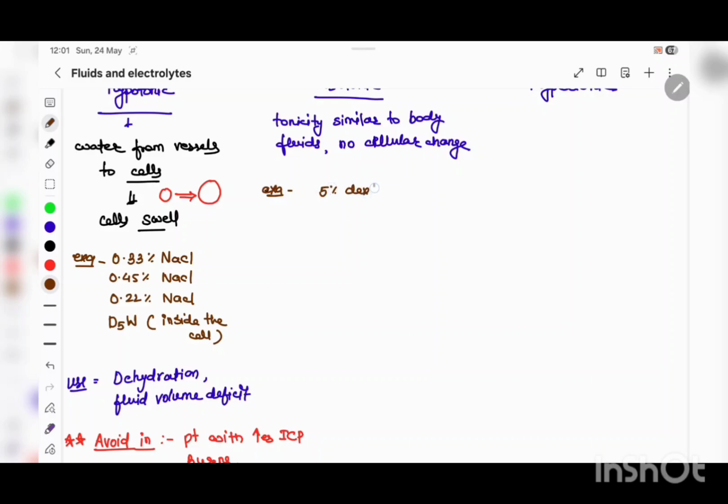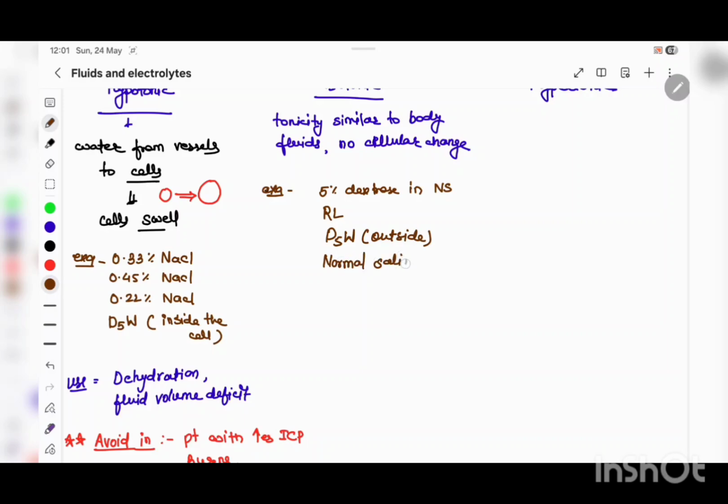First of all, 5% dextrose in normal saline, or we can say NaCl. Then we have normal saline, and we have Ringer lactate, we have D5W outside the cells, and we have 0.9% NaCl.